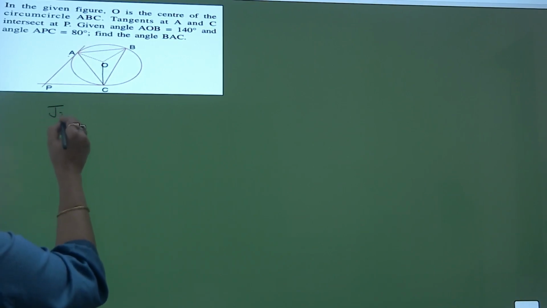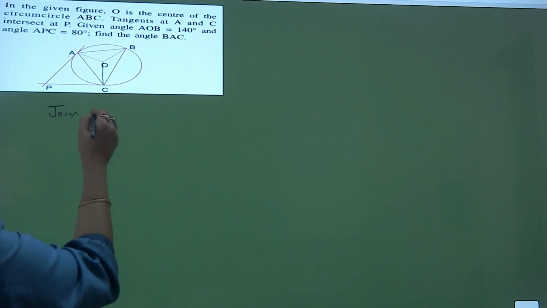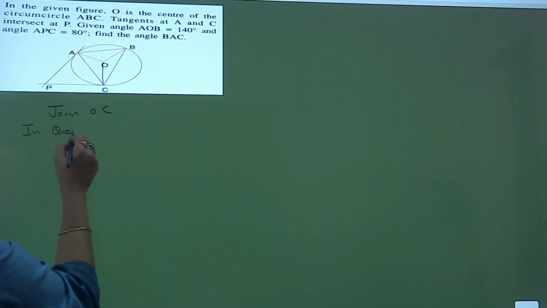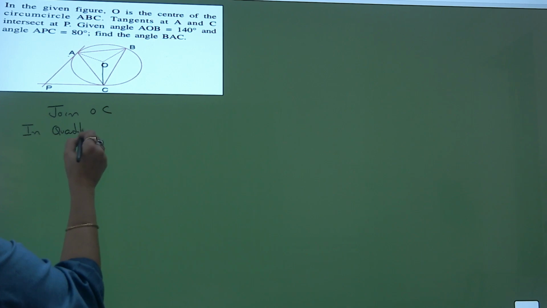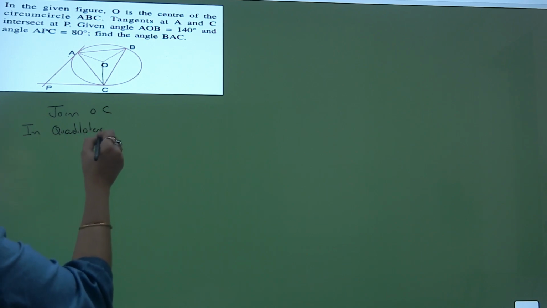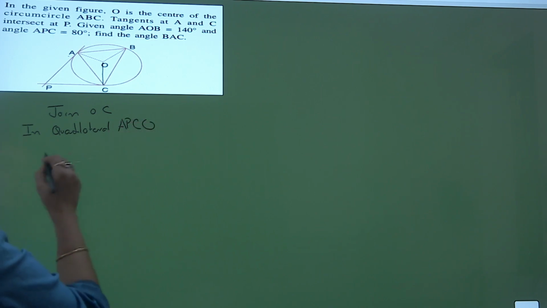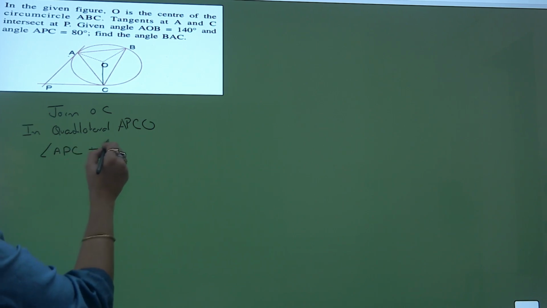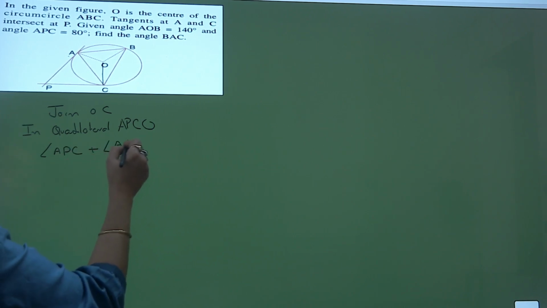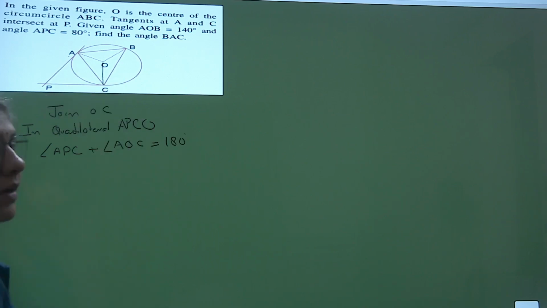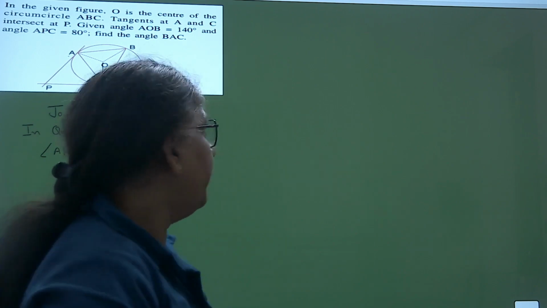Join OC. So we get a quadrilateral. In quadrilateral APCO, you get angle APC plus angle AOC is equal to 180 degrees. Opposite angles are supplementary.